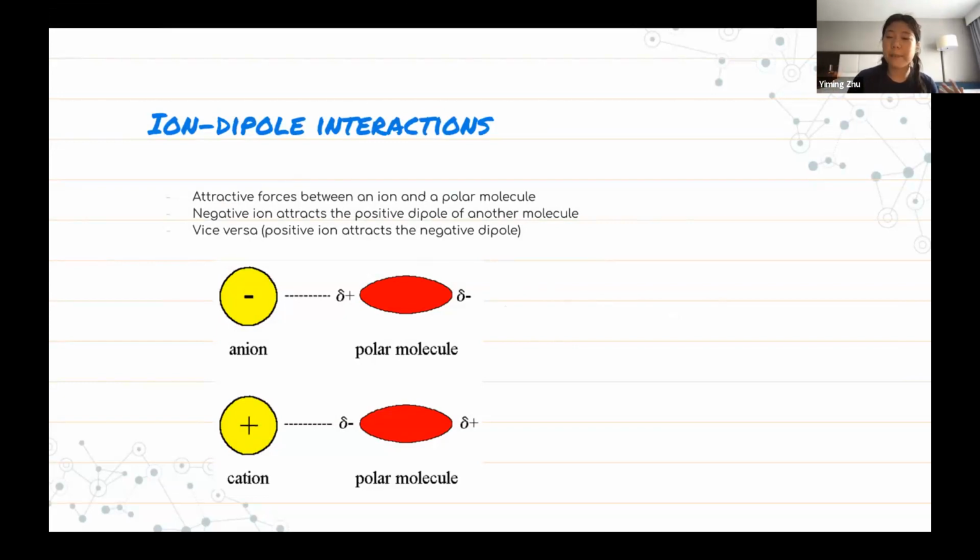While a positive ion, such as a cation, would attract the negative side of the polar molecule, because negative and positive go together. These should be weaker than the dipole-dipole interactions.